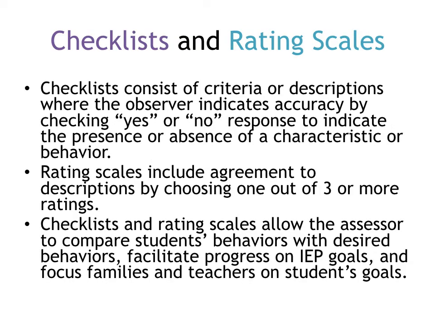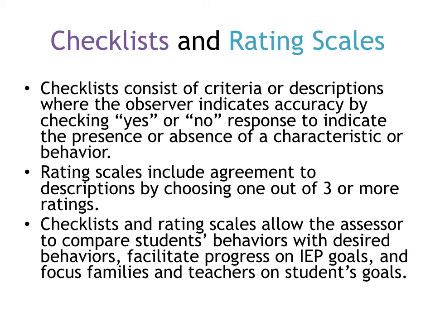Similarly, there are checklists and rating scales. Checklists consist of criteria or descriptions where the observer indicates accuracy by checking a yes or no response to indicate the presence or absence of a characteristic or behavior.